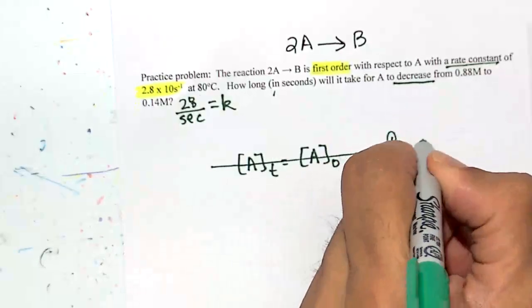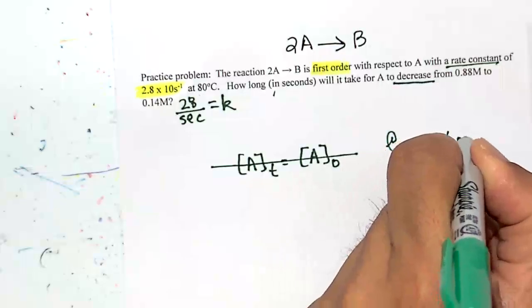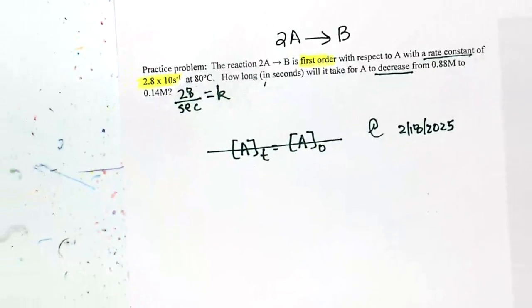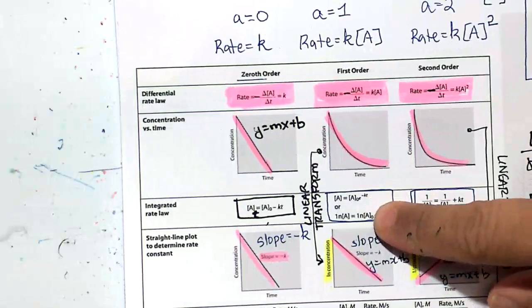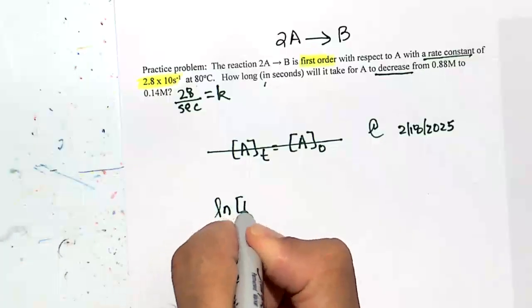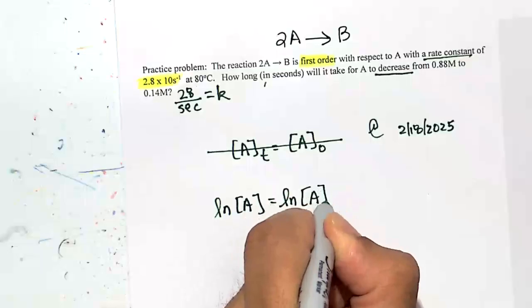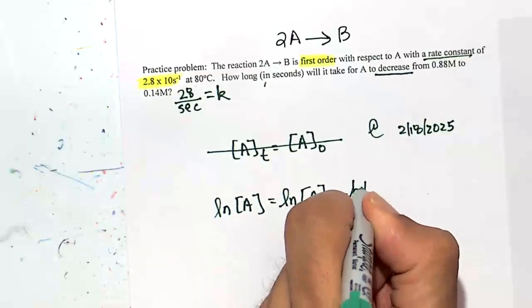I'm picking the wrong equation. First order: natural log of A equals natural log of A naught minus Kt.